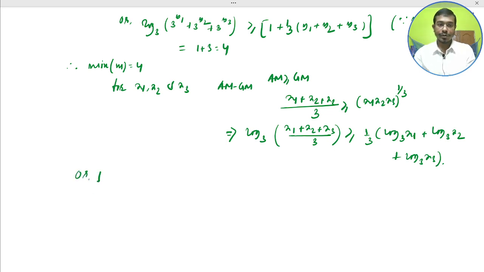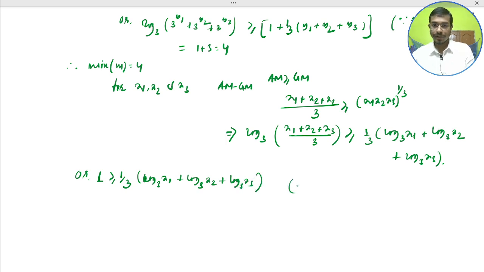Because x1 plus x2 plus x3 is 9, that is, m equal to 3. So the maximum possible value of m is 3.